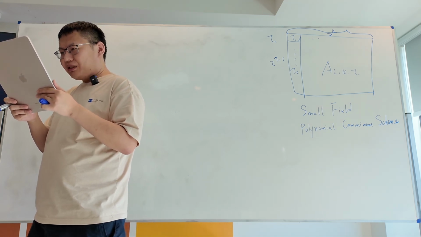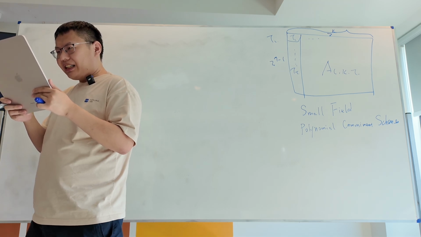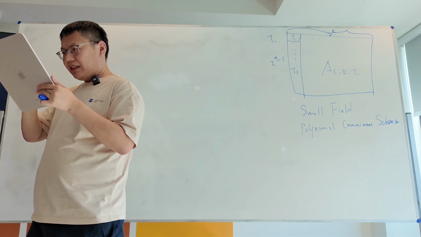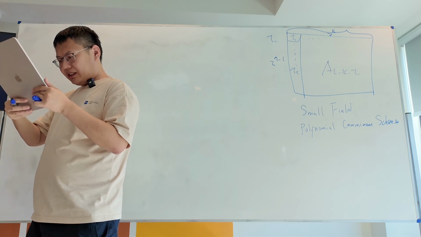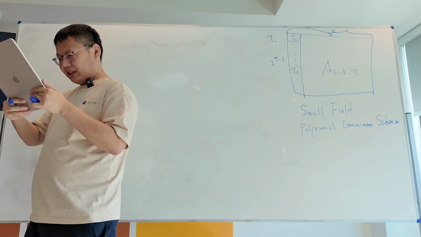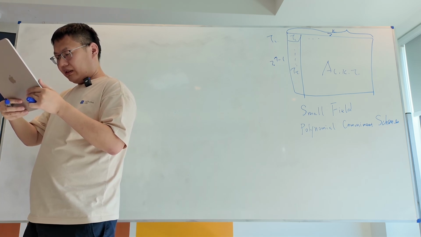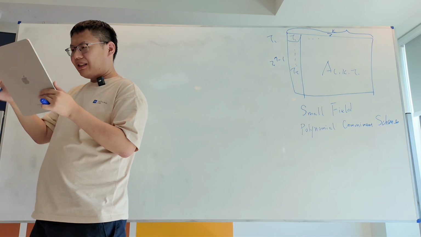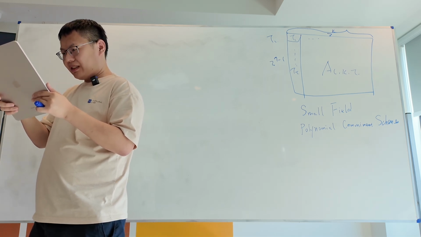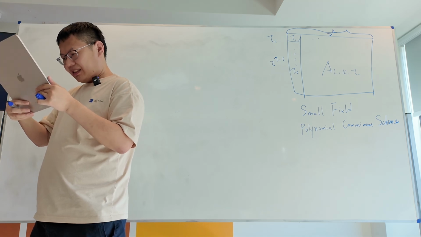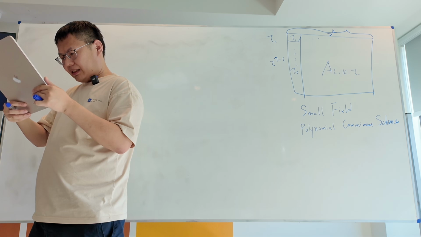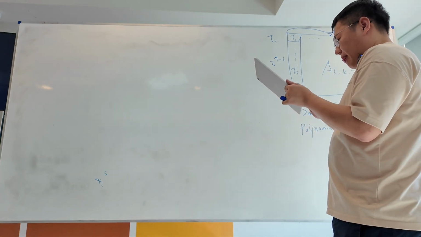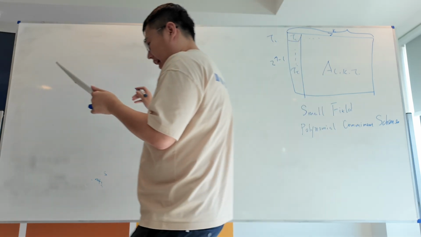Okay, let me introduce their definition of the FRI-like structure. So let's say we have a space.